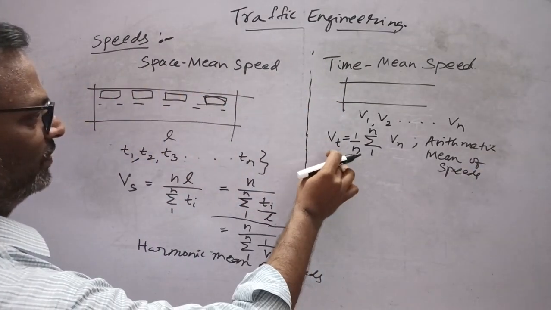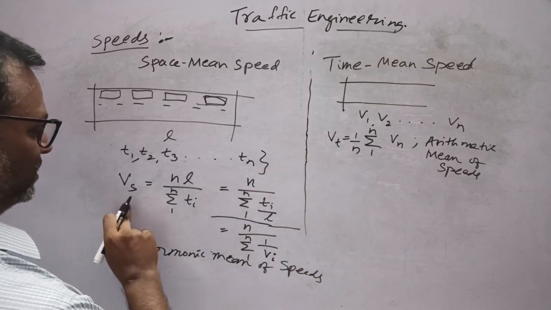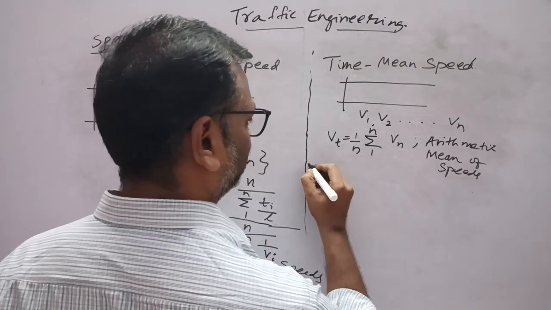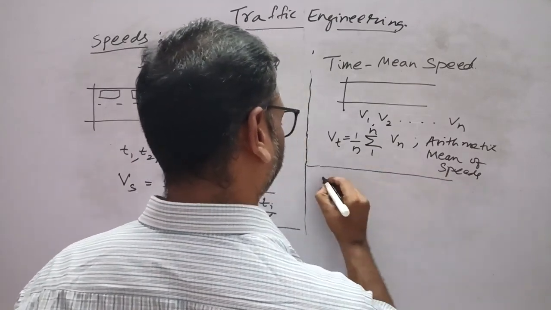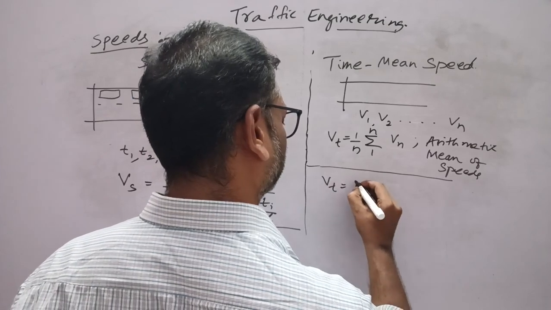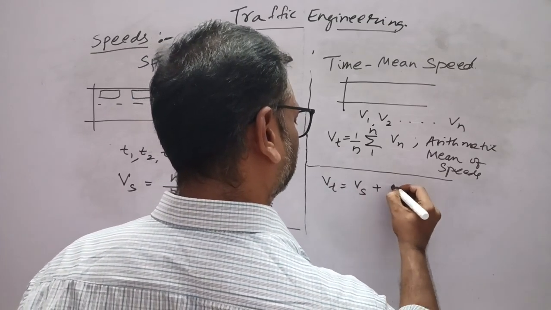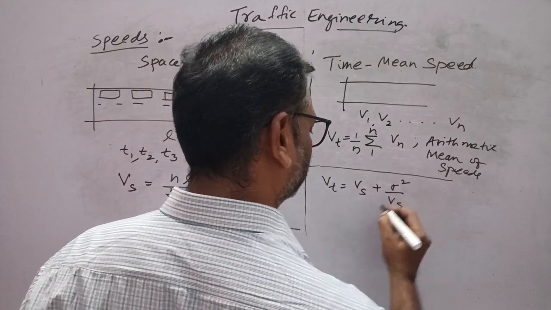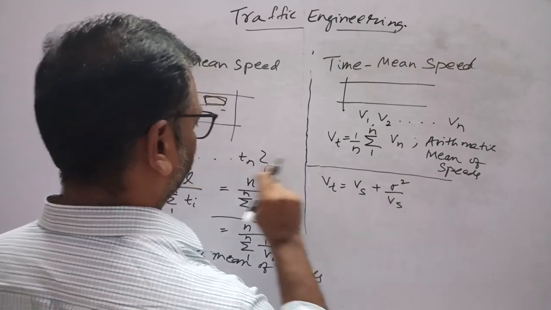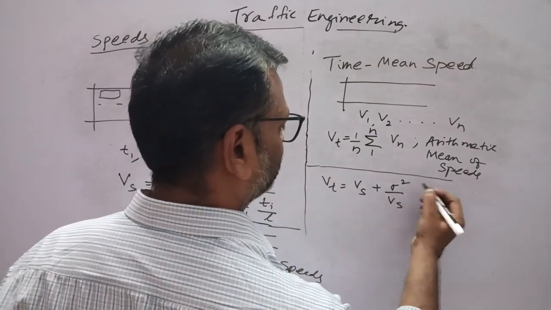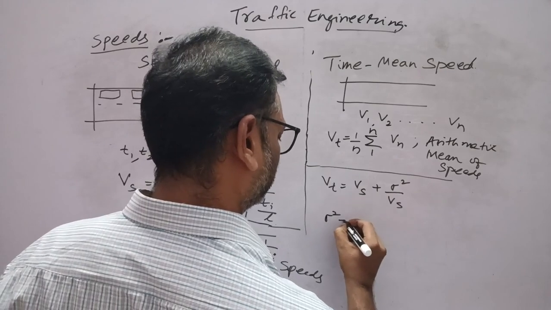If you want relation between time mean speed and space mean speed, that can be derived, but we don't want the derivation part. Vt can be given as Vs plus sigma square by Vs. So space mean speed plus variance of these speeds divided by space mean speed. This variance, you know, right?